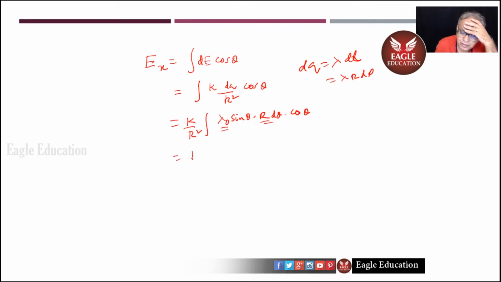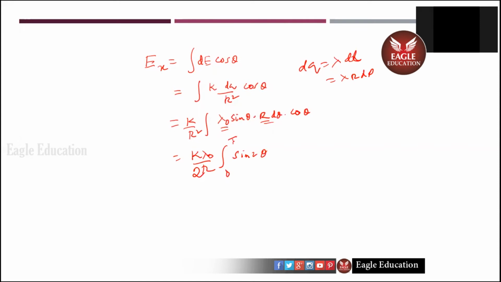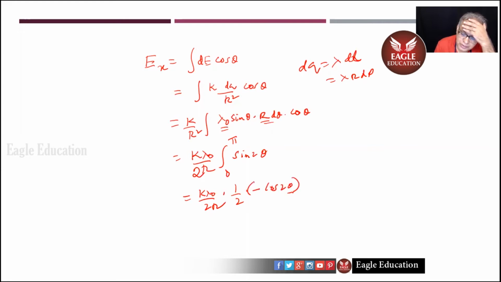So one r going, what do I get? K lambda by r sin theta cos theta. I'll write sin 2 theta by 2. So K lambda by 2r, 1 by 2 minus cos 2 theta between 0 to pi.